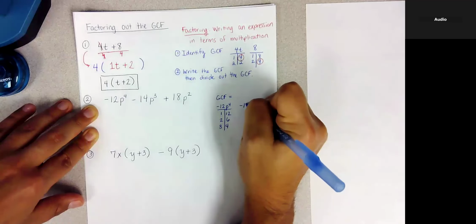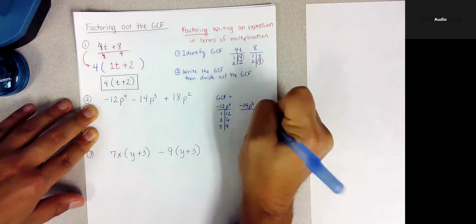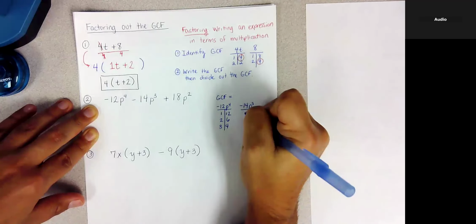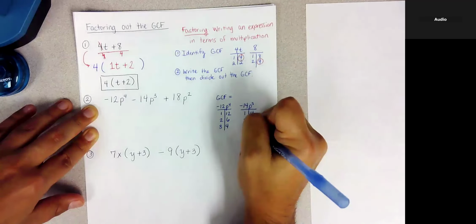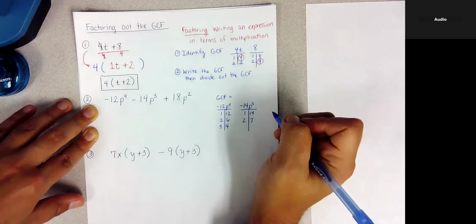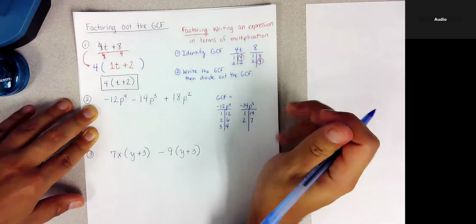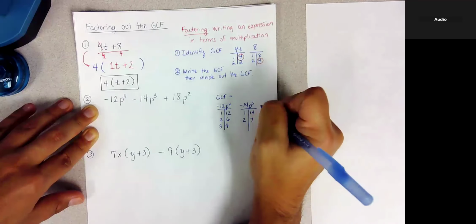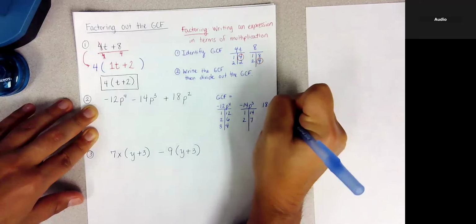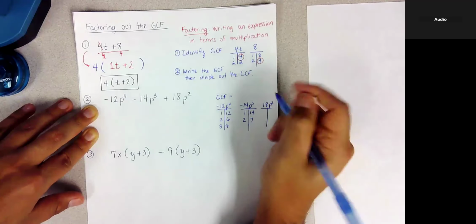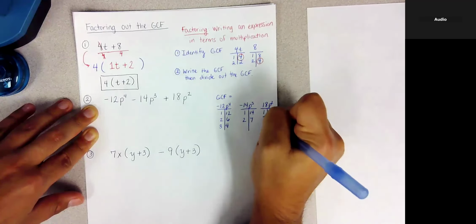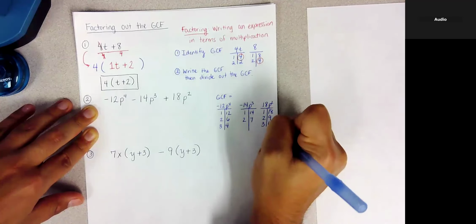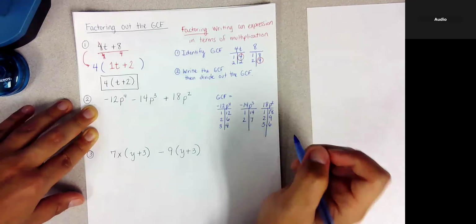We also have negative 14p to the 3rd power. That's going to break down into 1 times 14, 2 times 7, 3 doesn't work, 4 doesn't work, 5 doesn't work, 6 doesn't work, and then we're back at 7. And then we have 18p squared. So we have 1 times 18, 2 times 9, 3 times 6, 4 doesn't work, 5 doesn't work, and then we're back at 6.